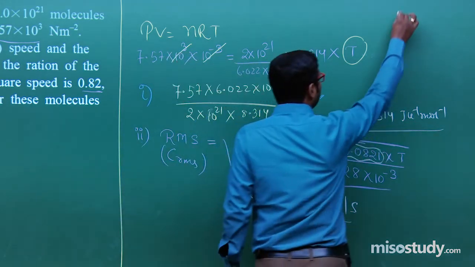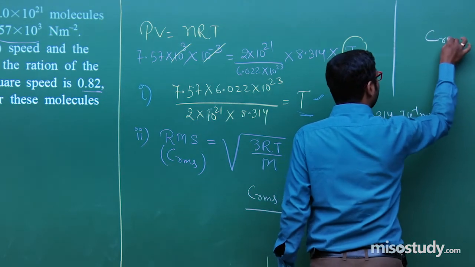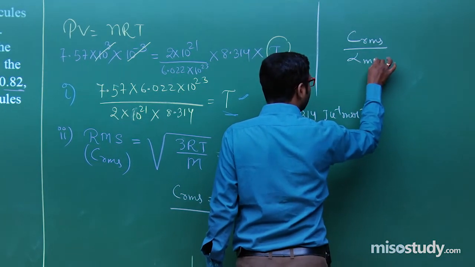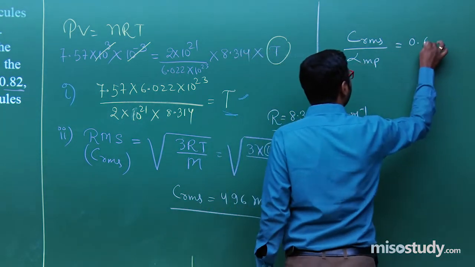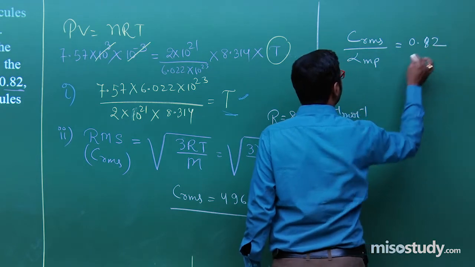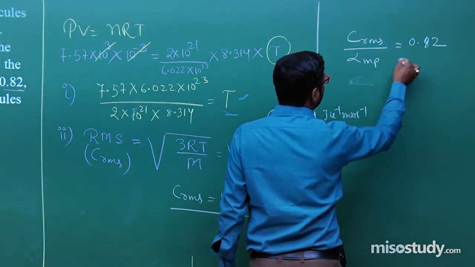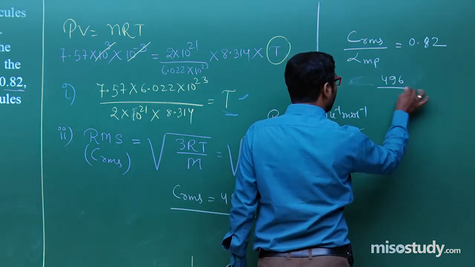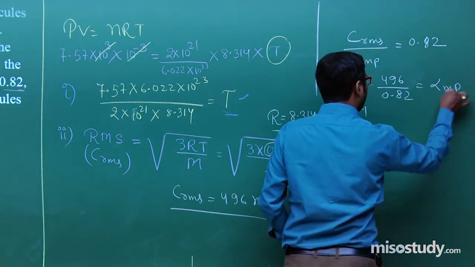And what is the relation here? The relation here is C RMS upon alpha, that is the most probable speed. The relation is 0.82. Clear to you, friend? That is C RMS upon alpha. So put the value here, C RMS, that is 496 upon 0.82 is equal to the most probable speed.